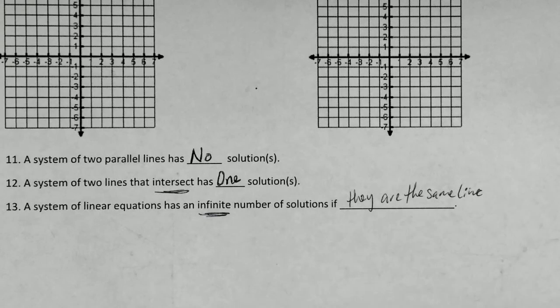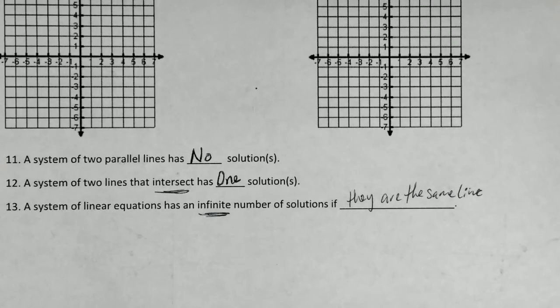We have a case where there is one solution, one point of intersection. Find that point, that's your solution. We have a case where there are no possible solutions because the two lines are parallel, but they're not the same line. So two parallel lines are never going to intersect, therefore there is no solution. And then we have the last case where the two equations are the exact same line. Well, if they're the exact same line, they're going to intersect infinitely many times. Infinitely many points.